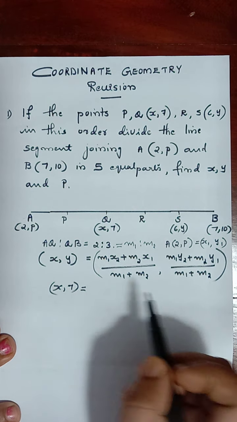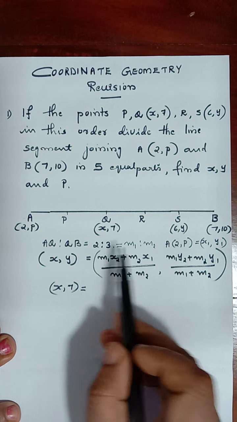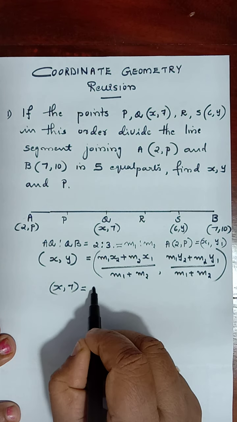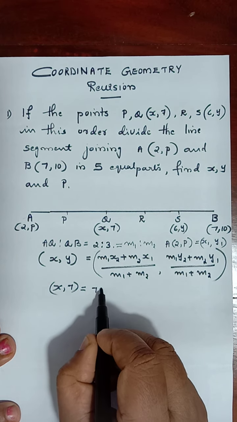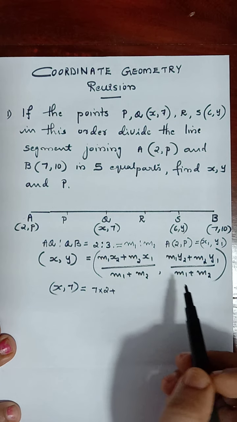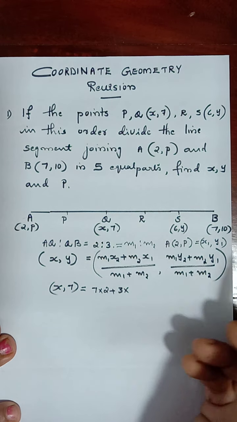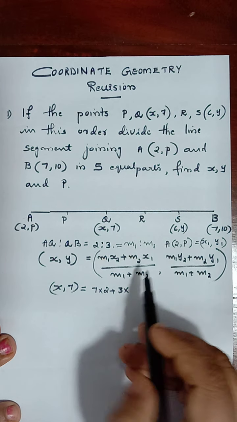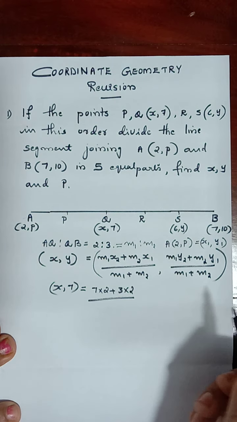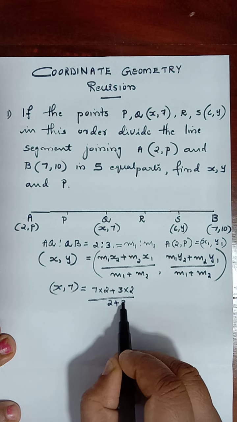So now we are going to substitute. m1 is 2, x2 is 7, so 7 into 2 plus m2, which is 3, into x1, which is 2, divided by m1 plus m2, which is 2 plus 3.